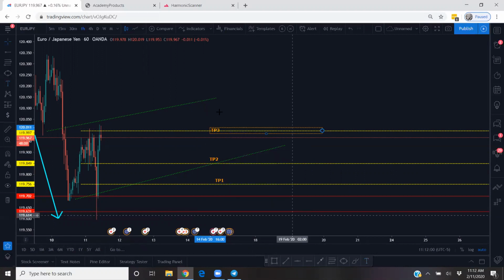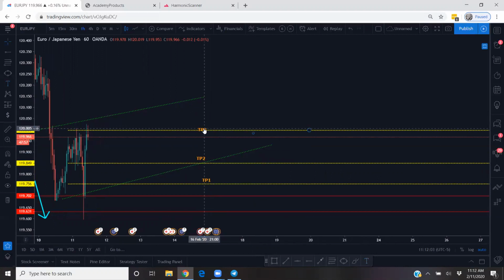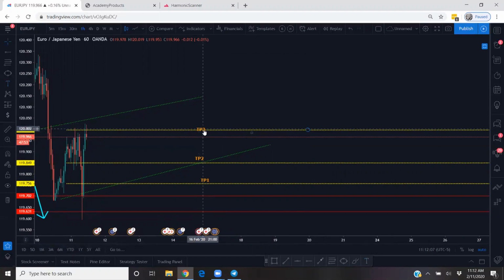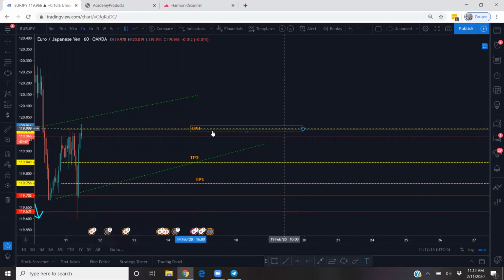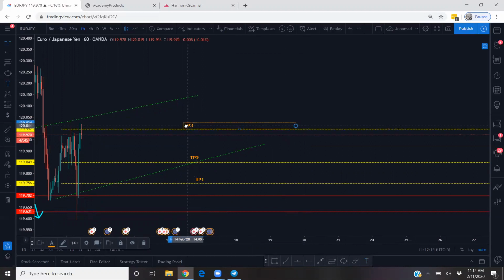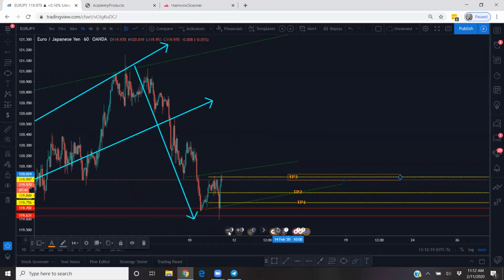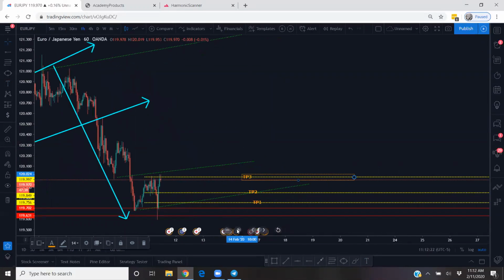And our take profit 3. Now, by utilizing this tool, while you're learning, you can practice entering trades, you can practice proper risk management, and then like I said, because these trades are high probability, this is a good way for you to get practice in and start growing your account.